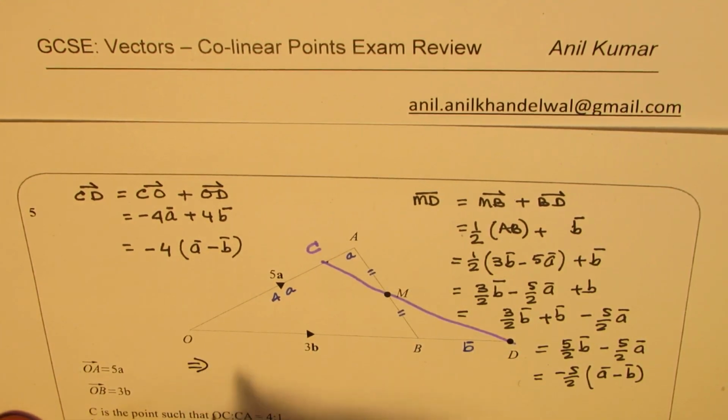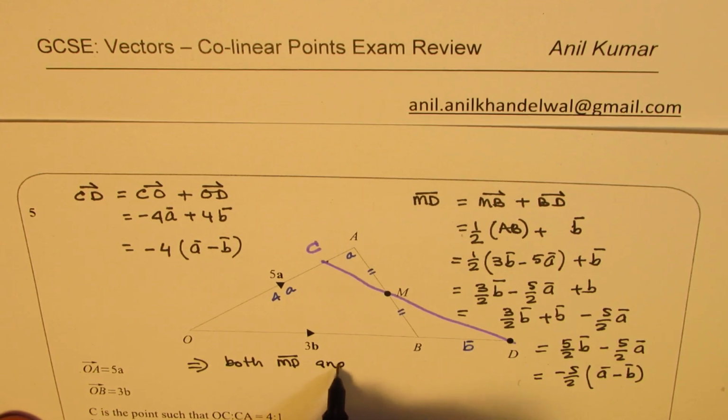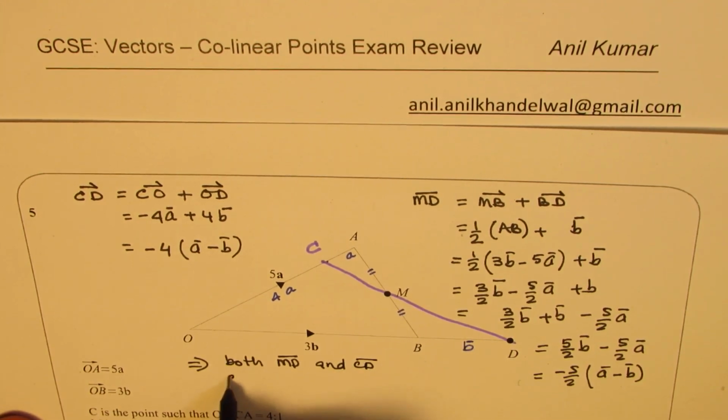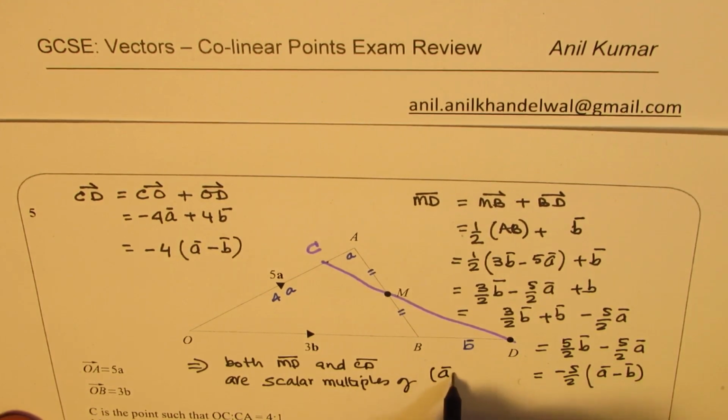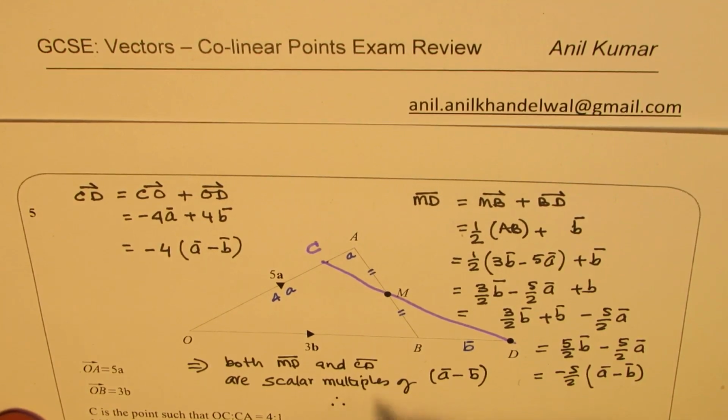So that implies that both vectors MD and CD are scalar multiples of vector A minus B, correct? Therefore, they are collinear.